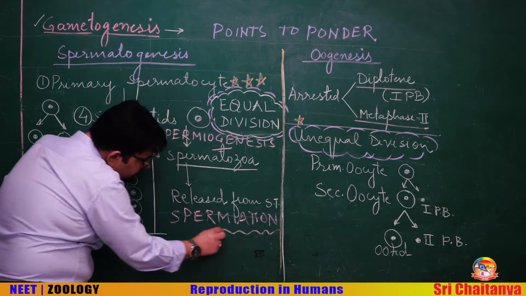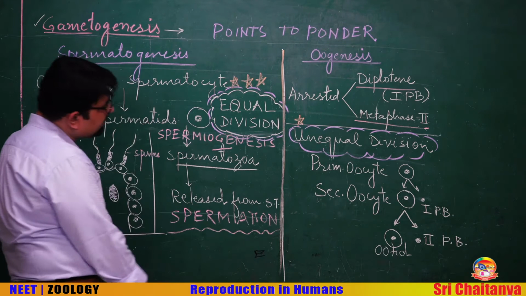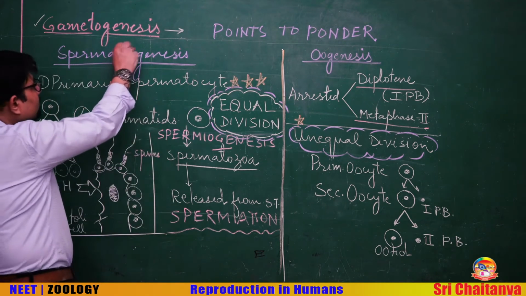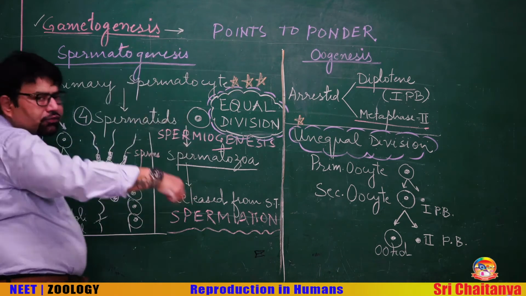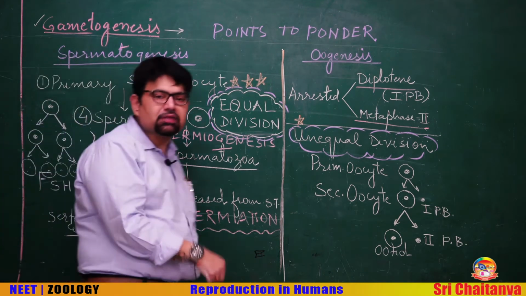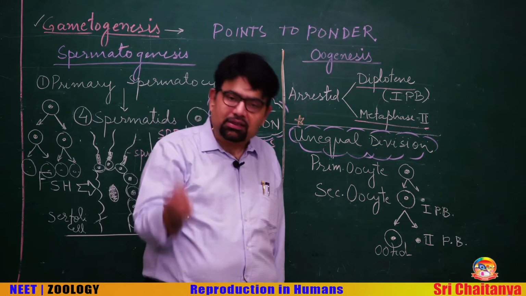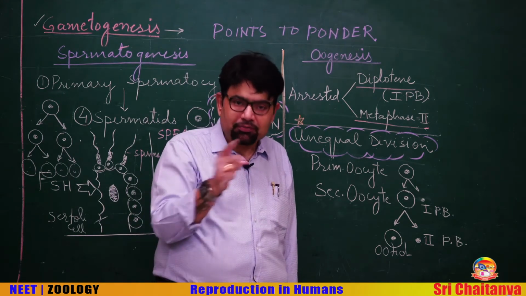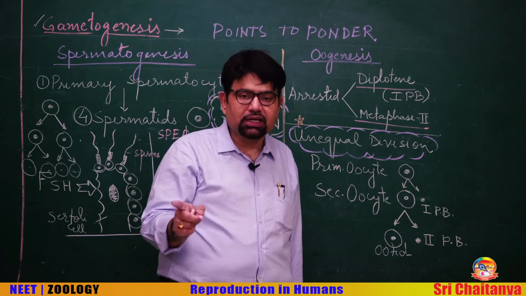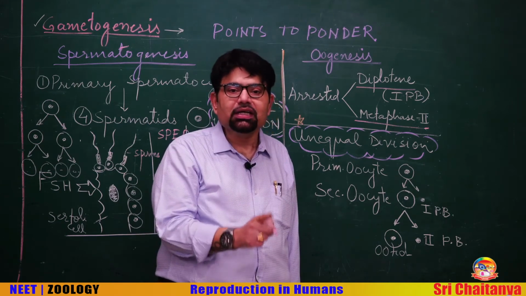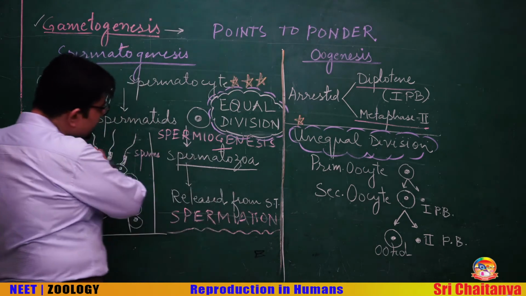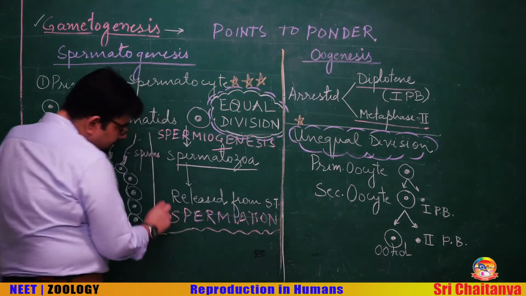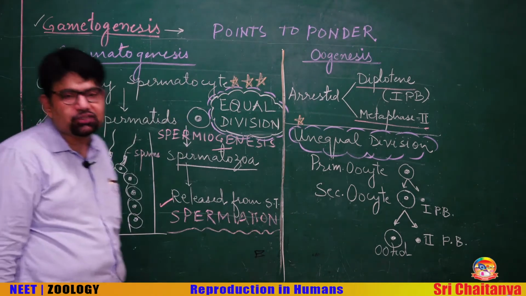So, very important 2 points here: spermiogenesis and spermiation. The word spermatogenesis is simply formation of sperms from spermatogonia. Within that, the differentiation of spermatid to differentiated sperms is called spermiogenesis, and the release of sperm out of the seminiferous tubule is known as spermiation.